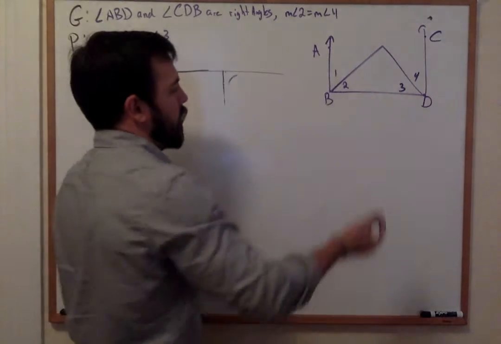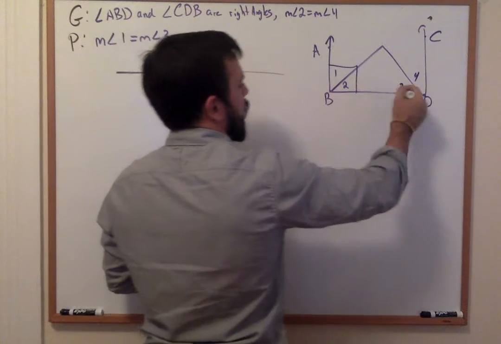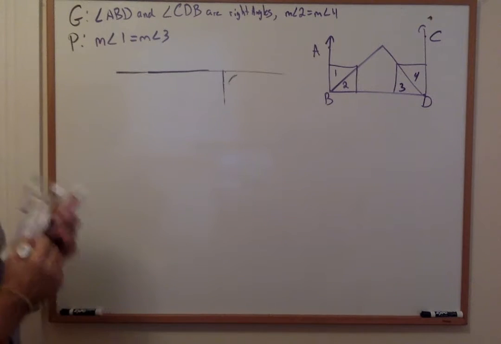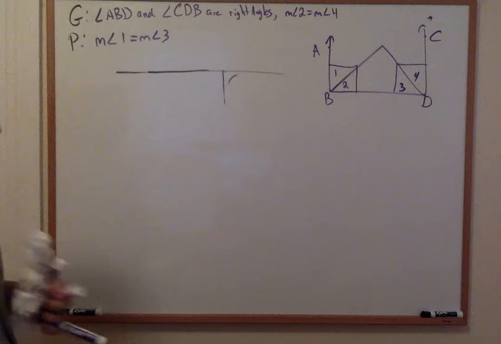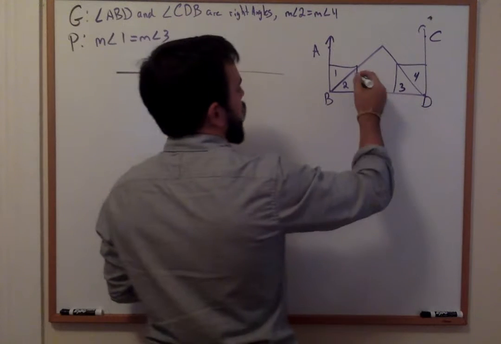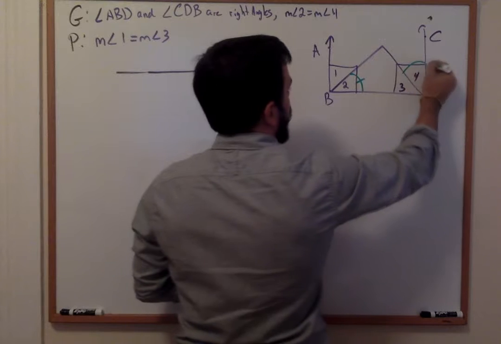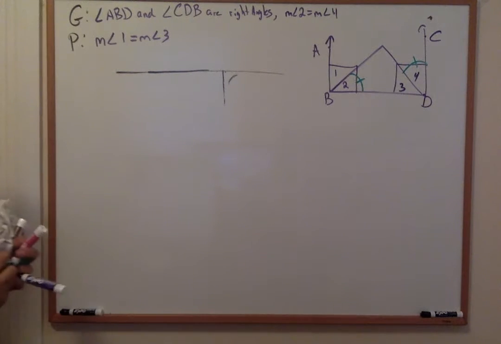Okay. So I'm going to mark that diagram real quick to show that. Both of these are right angles. And I know that angle 2 and angle 4 are congruent, or equal.